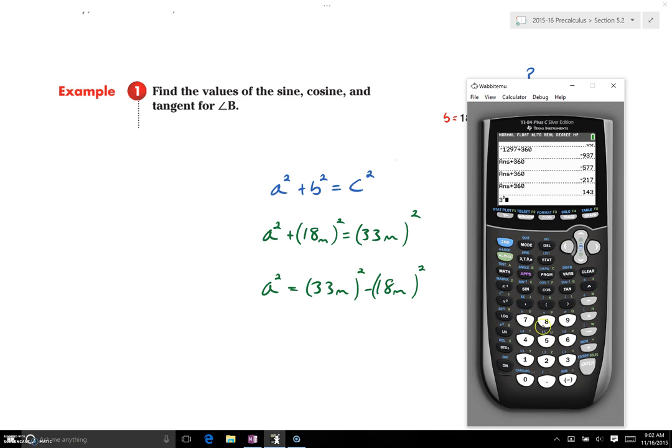So we get 33 squared minus 18 squared. And then we'll square root that. And we'll get 27.65. And we can round that to 27.66.